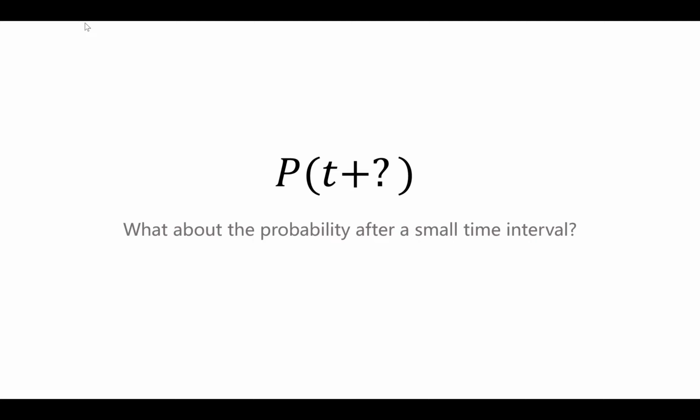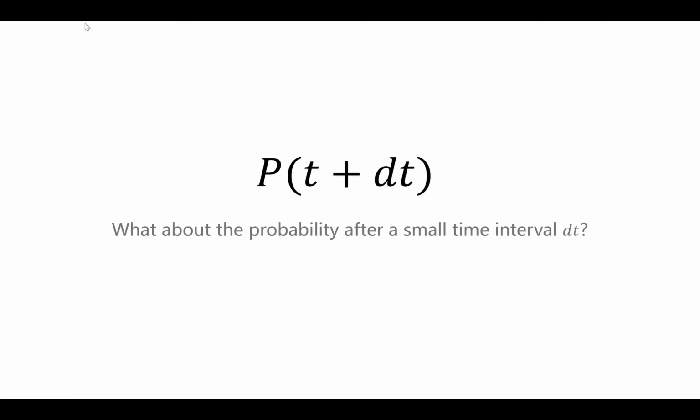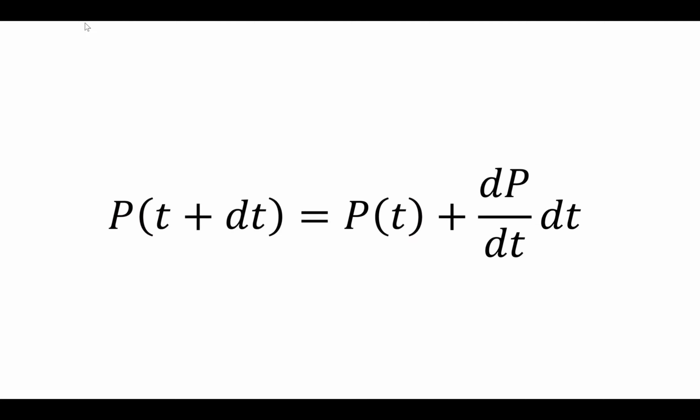So, let's ask ourselves, what is the probability after a small time interval? This is very important because collisions happen from time to time, so we need to find the probability as a function of time. Let's call this time interval dt. What is p of t plus dt? Well, we can write this equation. I'm going to convince you that this makes sense.